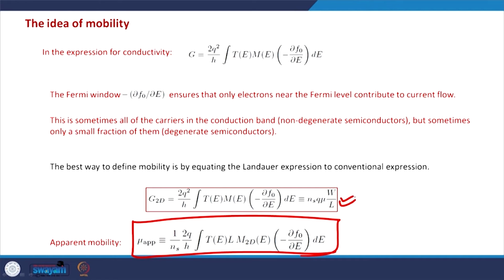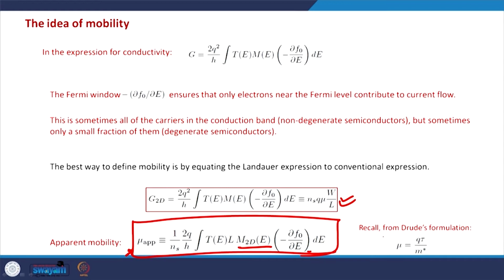And this is sometimes called the apparent mobility, which means this is the mobility for a general case, or apparently this will be the mobility in our formalism in terms of the fundamental parameters of the material.